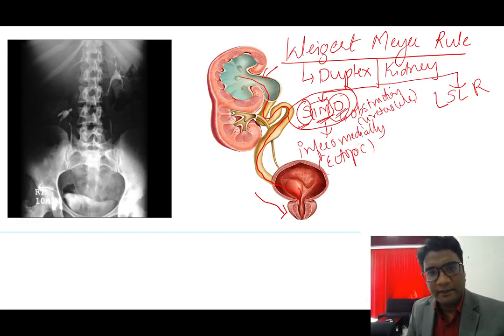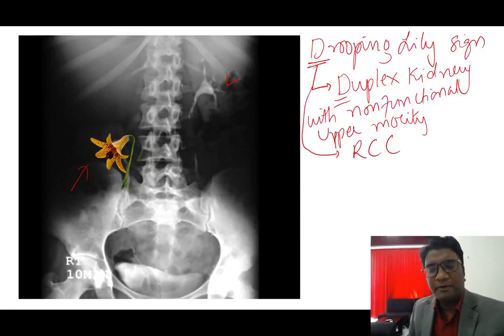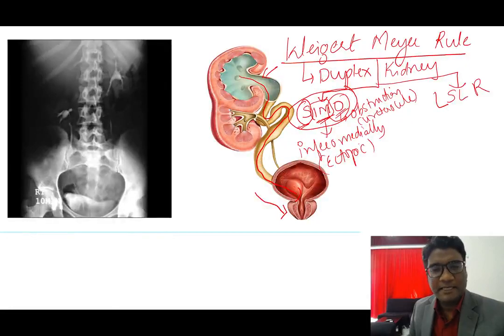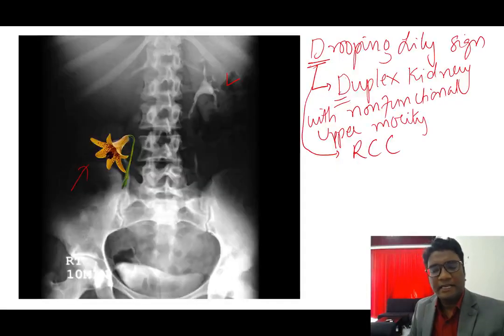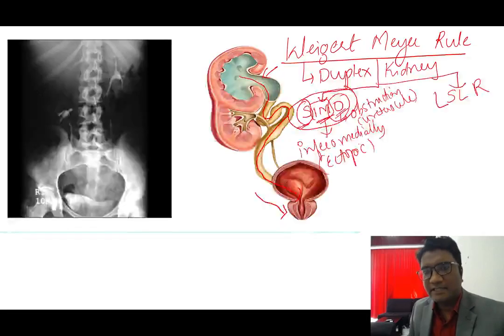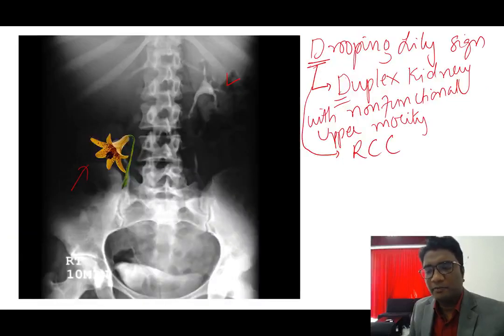I hope you are clear with this, right? So this is about your Weigert-Meyer rule. Do remember SIMO, right? And I hope you understood how a drooping lily sign is formed. Drooping lily sign, both in duplex kidney with a non-functional upper moiety, and even RCC, because renal cell carcinomas commonly arise from the upper pole, pushing the pelvicalyceal system downward, giving the drooping lily sign.